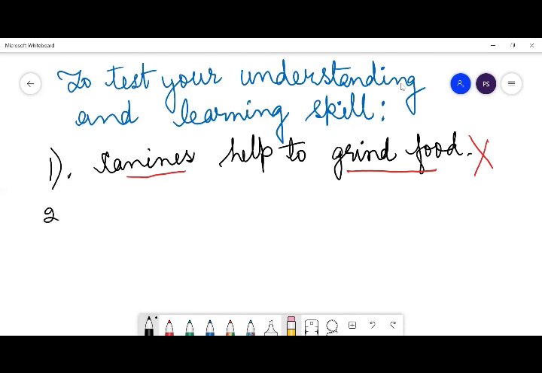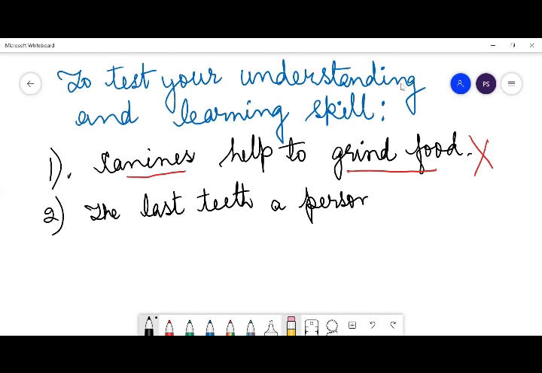Now question number 2 is, the last teeth a person gets are wisdom teeth.